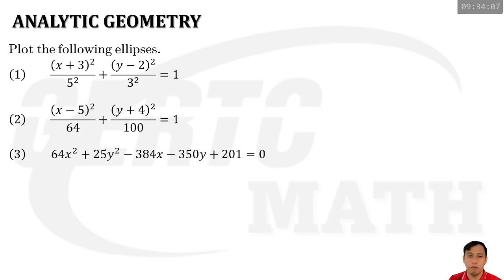Later, we'll be solving the location of the vertex, and so as the focus, or foci, and distance of the focus or foci, then equations of the directrices, and many more. So, solve natin yan right after the break. Mag-break muna tayo.